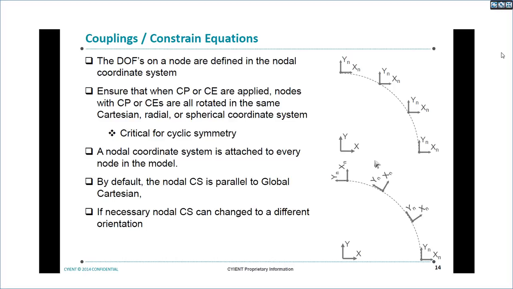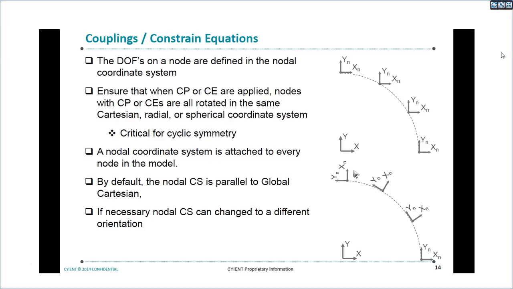Suppose we need to establish a coordinate system such that all nodes, in this circular cross section, are aligned in the global cylindrical coordinate system. Then we need to rotate these nodes to the global cylindrical coordinate system.